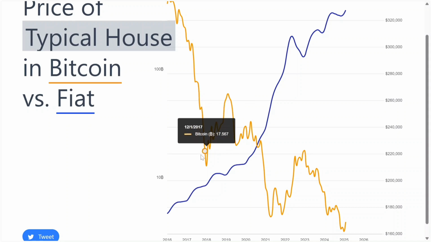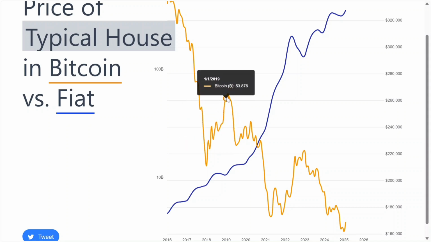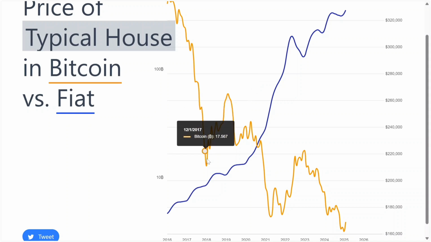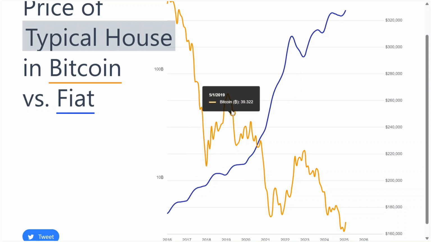So while Bitcoin prices were dropping, the amount of Bitcoin it costs you to buy a house went up as well, back all the way up to almost 60 Bitcoin in 2019, from just 12 or 13 Bitcoin at the beginning of 2018.